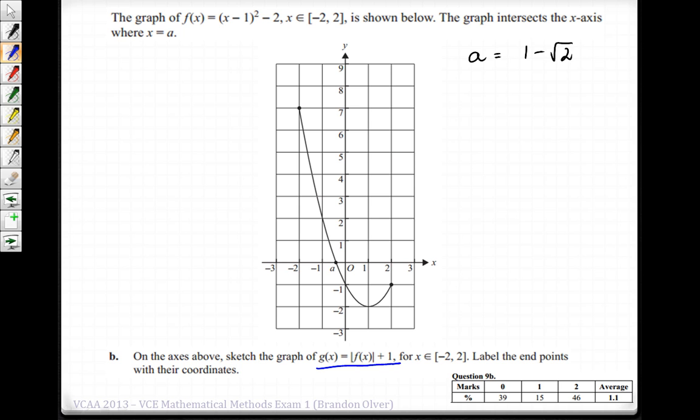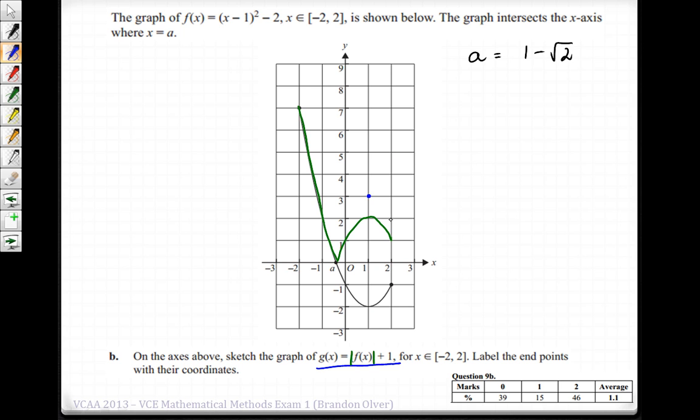The absolute value of this would look like all of that, and then we reflect this to be all above the x-axis. Hopefully you're familiar with what the modulus function does. And then the plus 1 part just moves every point on this curve up 1.